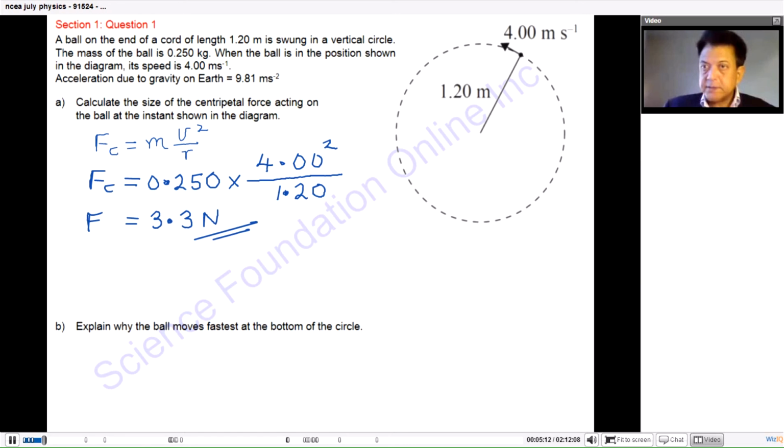It's actually very straightforward. Right, let me take you through this. At the top and the bottom, what happens? It's got more gravitational potential energy at the top, and it has less gravitational potential energy at the bottom. So what happens to that gravitational potential energy when it's coming down?